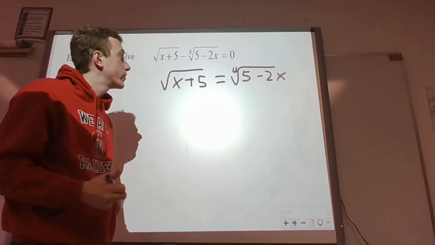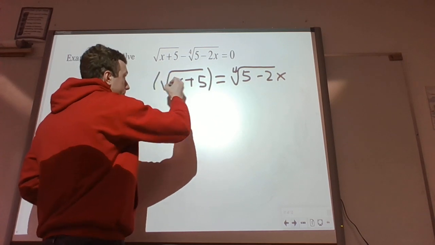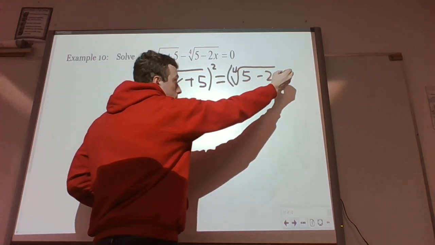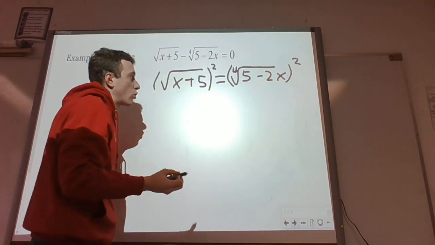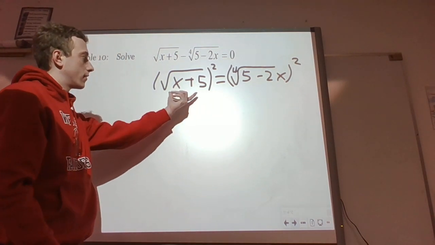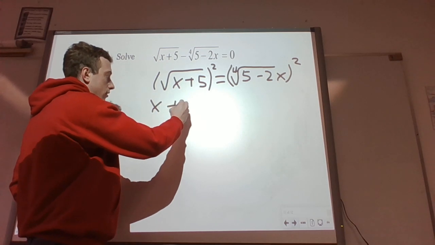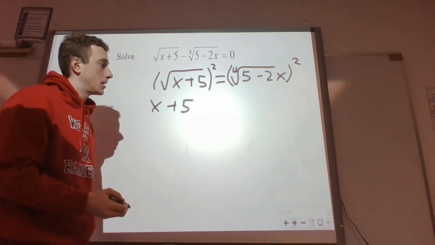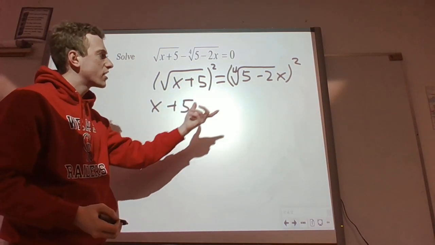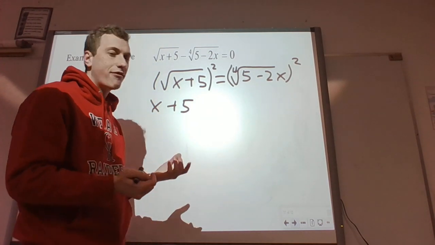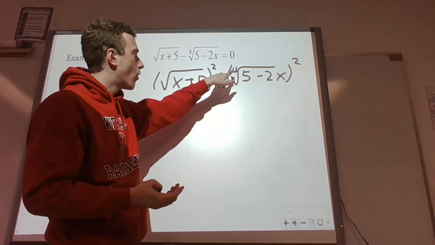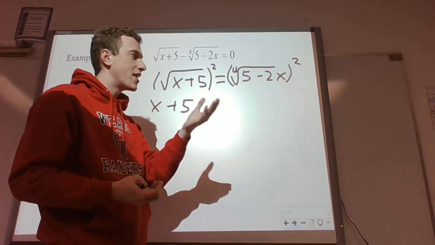Okay, what happens if we square both sides? Well, a square root squared is obviously itself. We can think of this as 5 minus 2x to the 1/4 power and then squared.